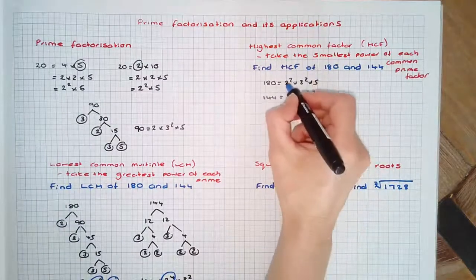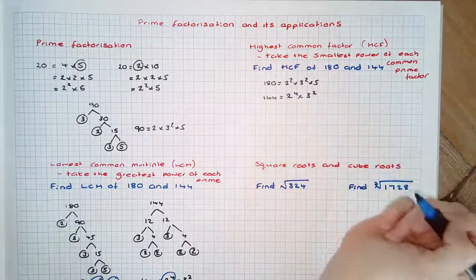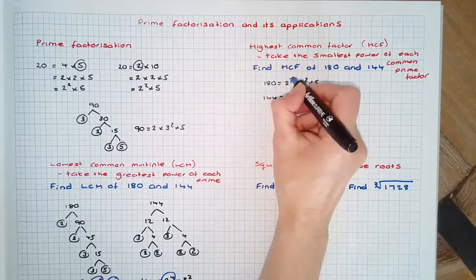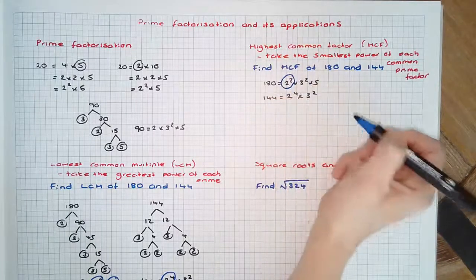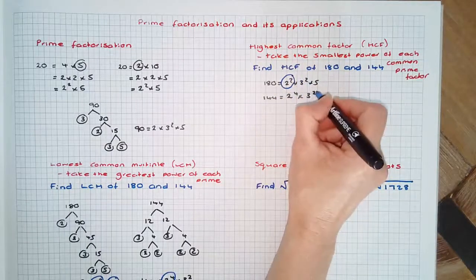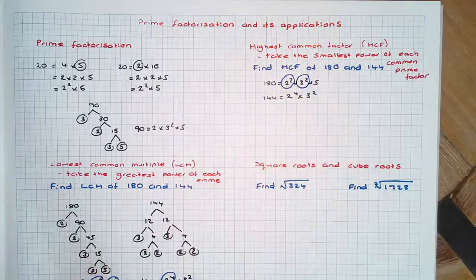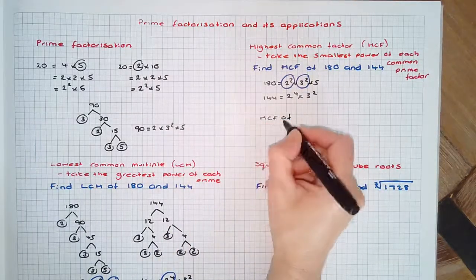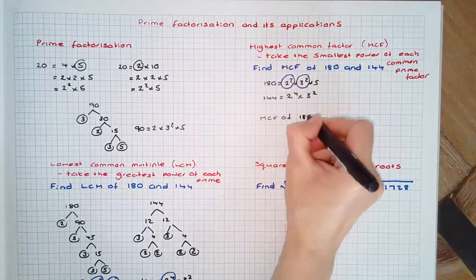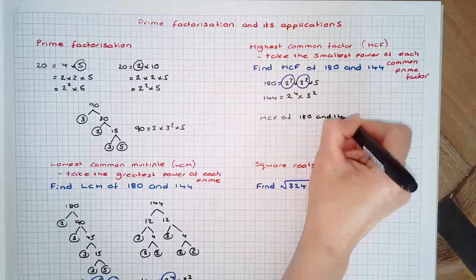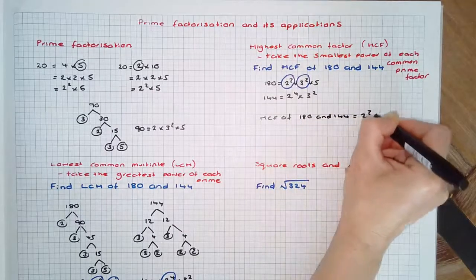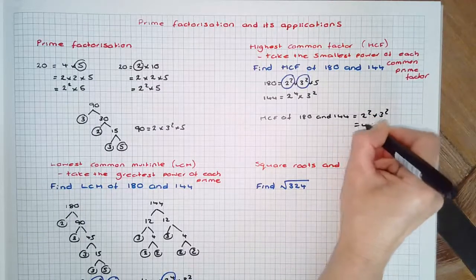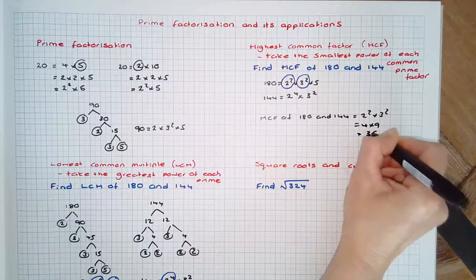So they have 2 and 3 as common bases, and we're going to take the smallest this time, which will be 2 to the power of 2, and either of the 3 to the power of 2's, doesn't matter which one. So we can therefore write that the highest common factor, abbreviated HCF, of 180 and 144 is 2 squared times 3 squared, which is 4 times 9, which is 36.